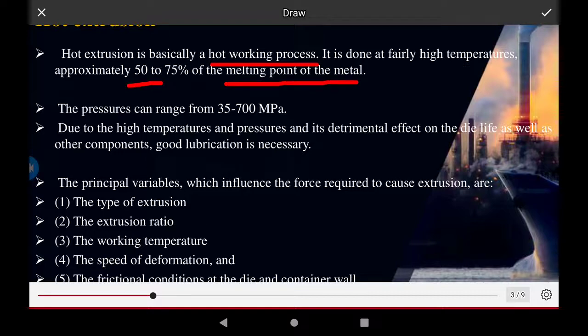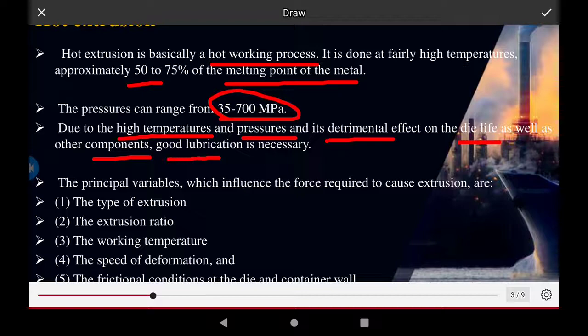A pressure ranging from 35 to 700 megapascal is required in the hot extrusion process. Due to high temperature and pressure, there is a deteriorating effect on die life as well as the other components.